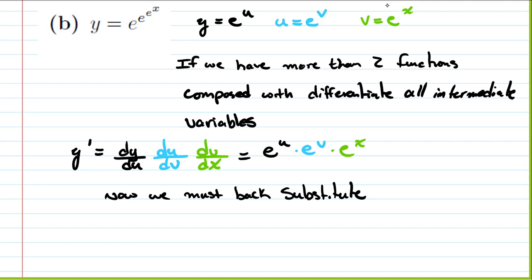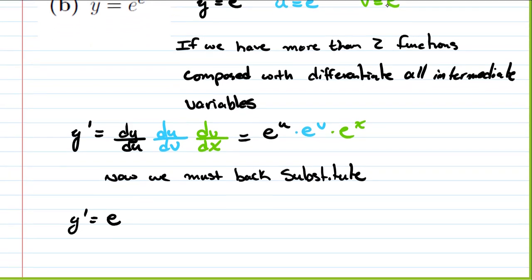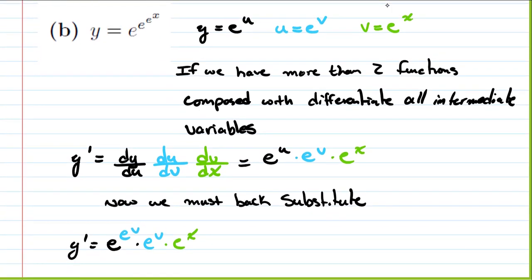So we have to substitute out our u's first. So we're going to have y prime is equal to e to the u, and u is e to the v, times e to the v times e to the x. But now we need to substitute out our v's. And what was our v? Our v is e to the x.